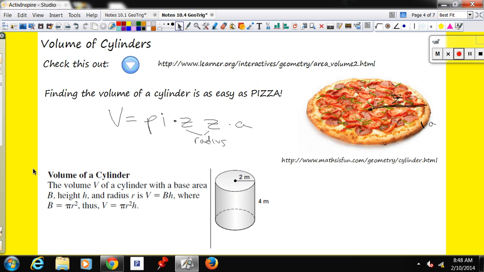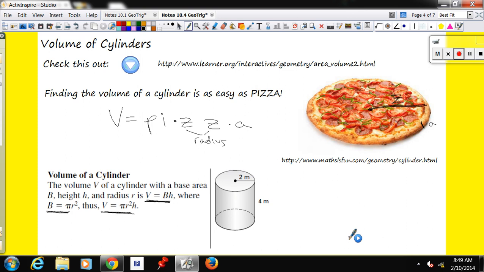You may not want to write everything down, but make sure you have this part and these two parts down here, so at least you know how to find the volume of a cylinder: area of the base times the height. The B is pi r squared. The volume is pi r squared times h. So it's pi times radius squared, we call them z's, times a, so pizza. If you remember pizza, you'll find the volume of a cylinder really quick.